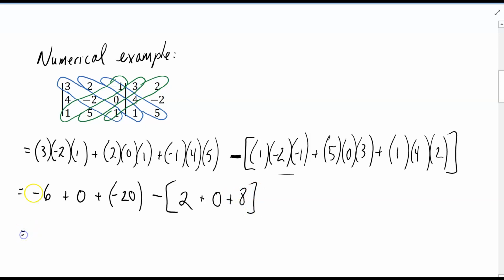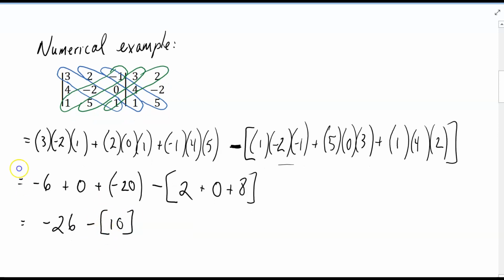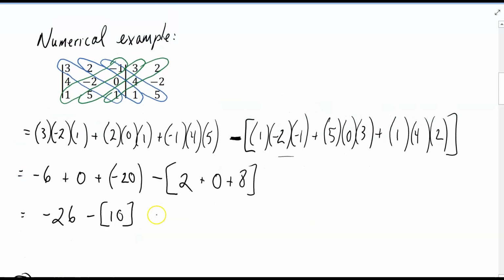Okay, so we have minus 6 subtract 20, which is minus 26. Subtract what's in the brackets, 10. Minus 26 subtract 10 is equal to minus 36. That's the value of this 3 by 3 determinant.